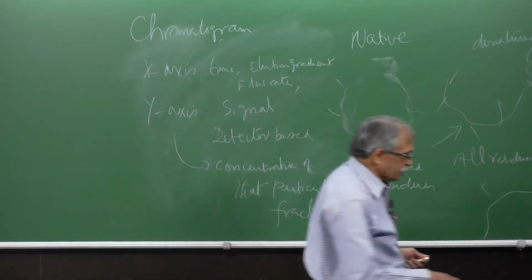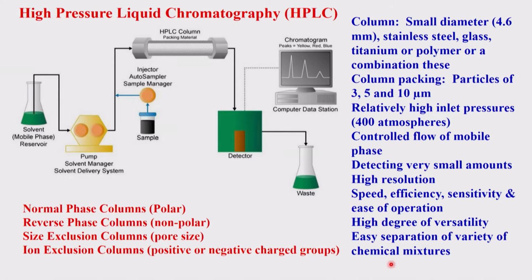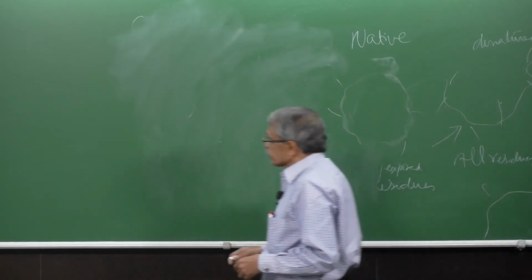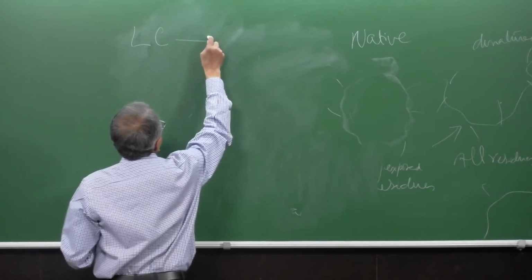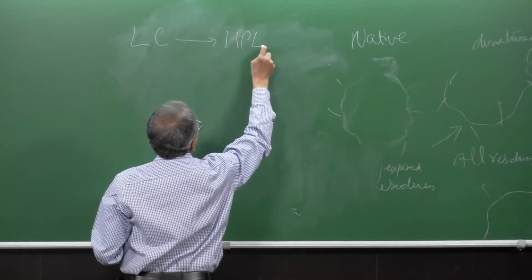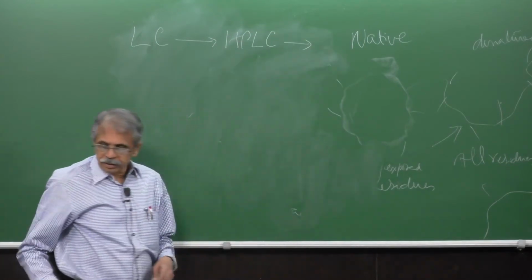So, you are comparing the technique of LC and the HPLC. As you have seen, the column size and the pressure differ. So, LC, then HPLC. Let us see any other technique that you can.